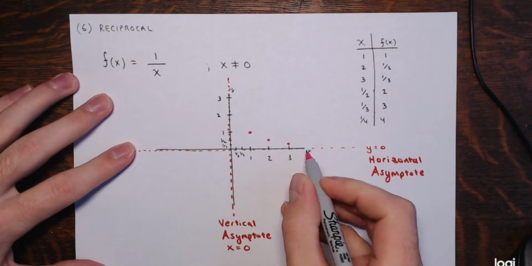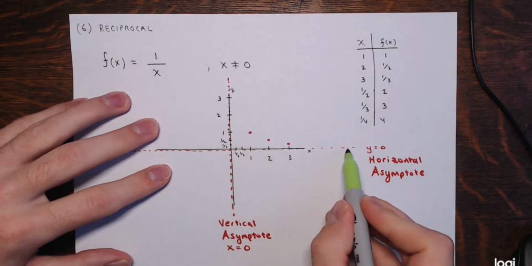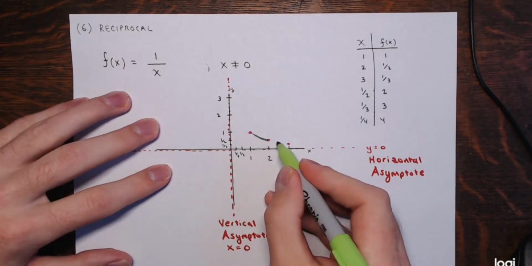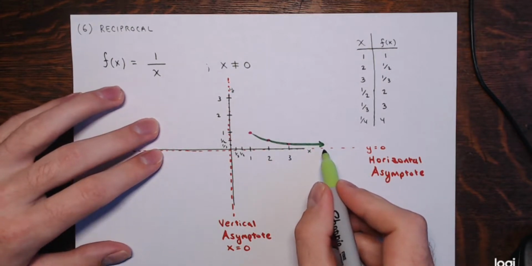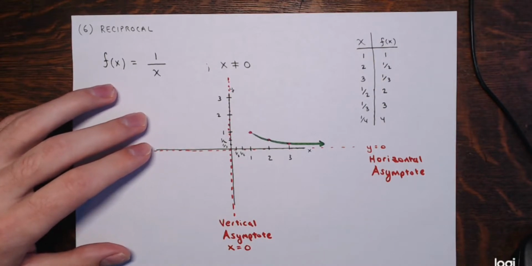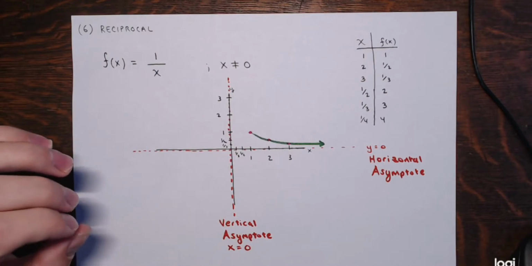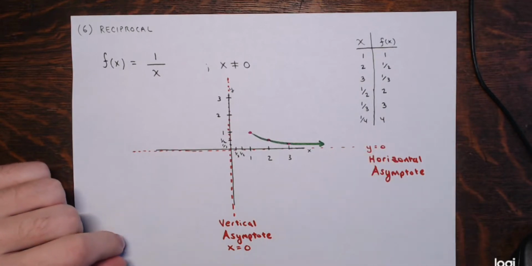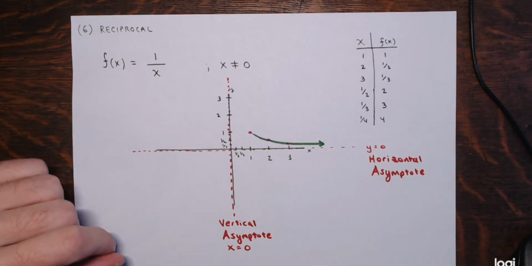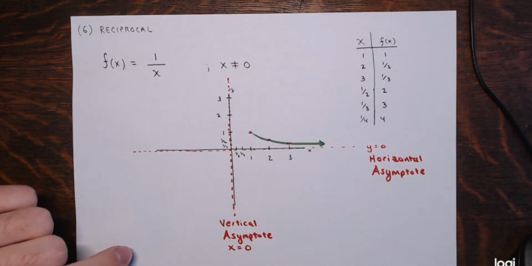And do you see how, starting from 1, as I go to the right here, the outputs get smaller and smaller and smaller, but never actually become 0. They're always positive, right? 1 third, 1 fourth, 1 fifth, 1 sixth. They're always positive, just getting tinier and tinier. If I go out to a billion, the output will be 1 billionth. Very, very small, but still positive, right? So that's what I mean by horizontal asymptote. The graph will approach this horizontal line, but never actually become it.